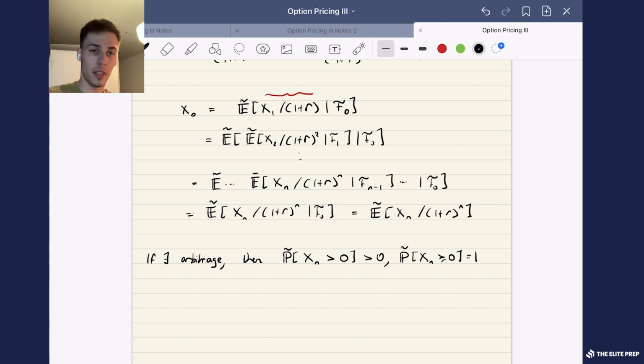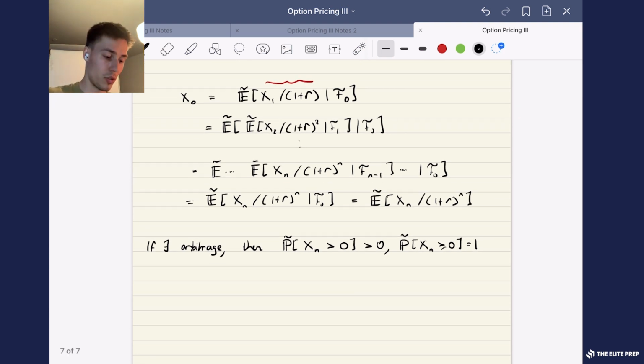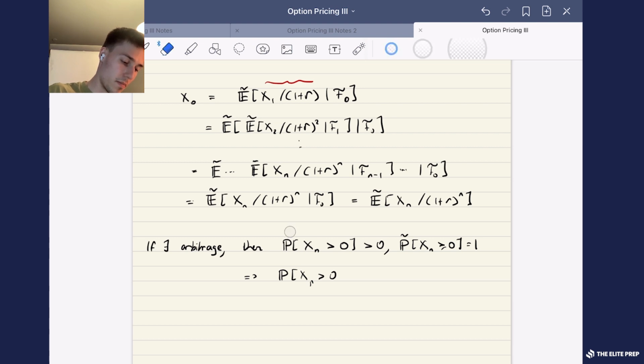And by definition of the risk-neutral measure, we know that the probability of xn greater than 0 is greater than 0. Sorry, these should have been the market measure, and then we have the probability under the risk-neutral measure is greater than 0, and the probability that xn is greater than or equal to 0 equals 1.